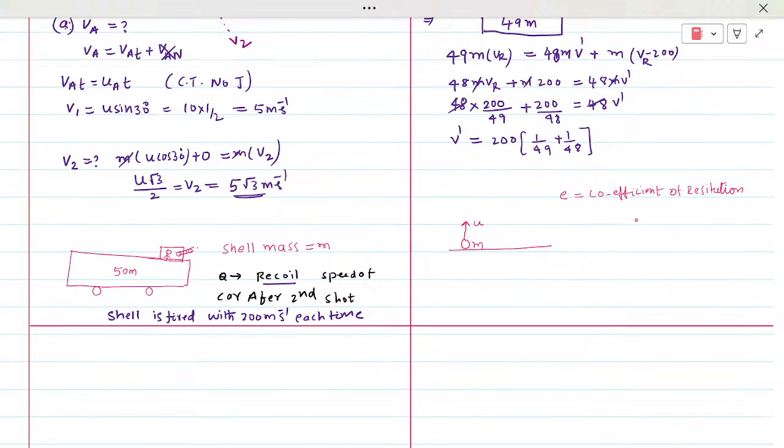Now the questions are like this. They are asking the total distance traveled by the ball before coming to rest. Total distance, it is coming to rest. And total time.